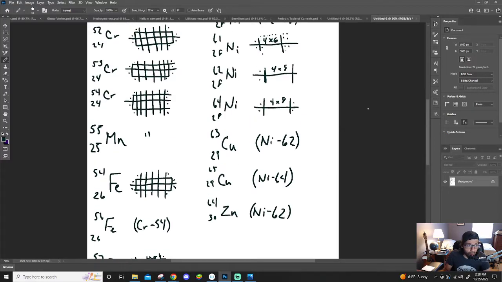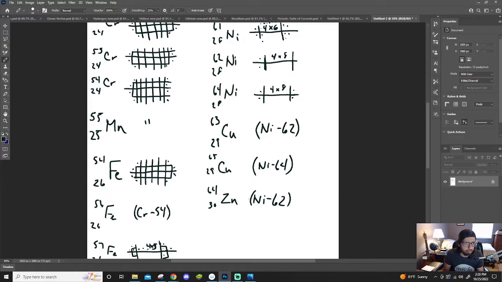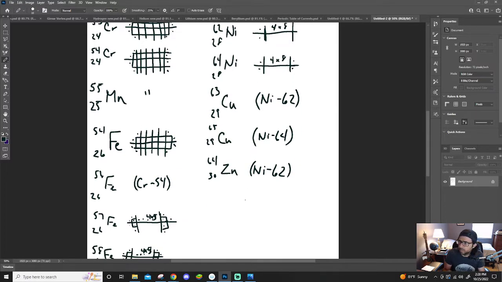Most abundant is the one with this structure, for some reason. 66, zinc 30. So again, nickel 64 as the neutron arrangement, just with more eddies within it.